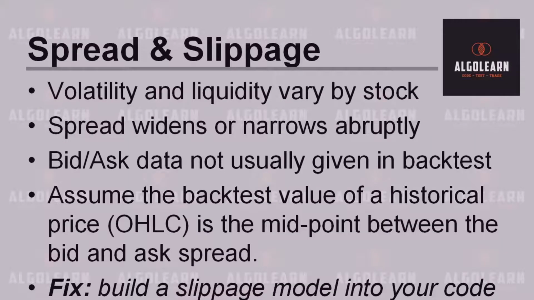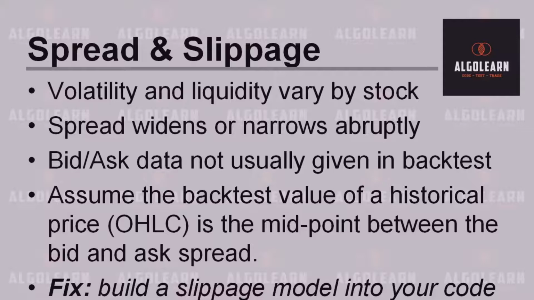So let's conclude by looking at spread and slippage. Not really a bias at all, but definitely want to go over this. You have volatility and liquidity that vary stock by stock. So if you look at all of the members of the S&P 500, they all have different volatility and liquidity numbers.